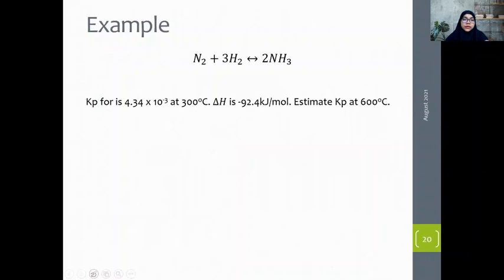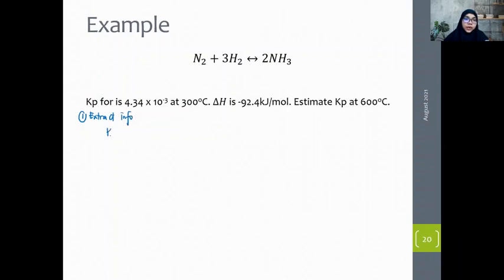Okay, let's refer to this example for more understanding about the concept. So we have nitrogen reacting with hydrogen to produce ammonia. And this is the information given. So the first step is to extract all the info.